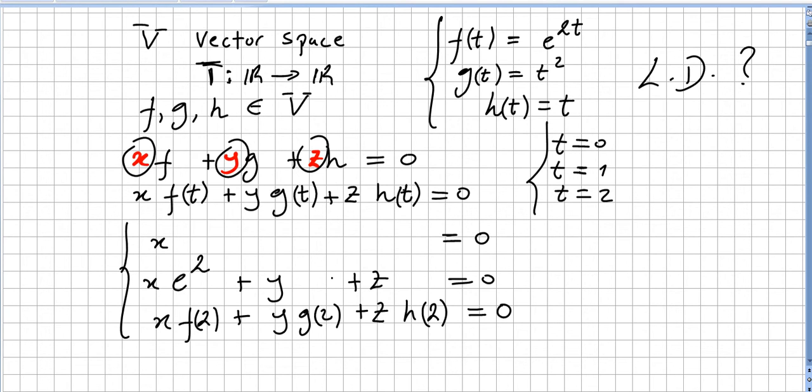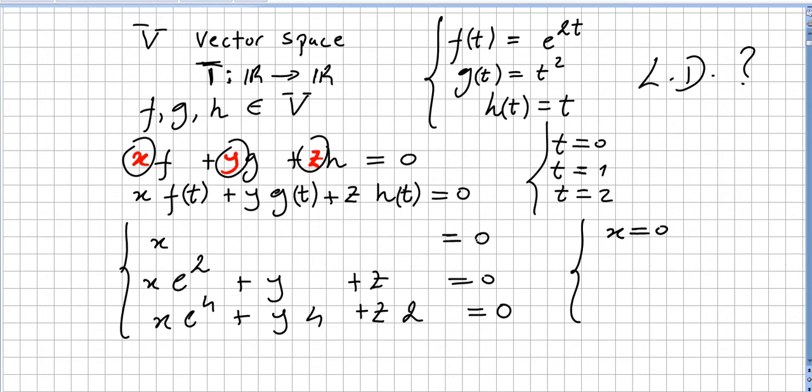Okay, so f of 2 now here, that will be e to the power of 4, right? And g of 2 will be 4, and h of 2 will be 2, right?